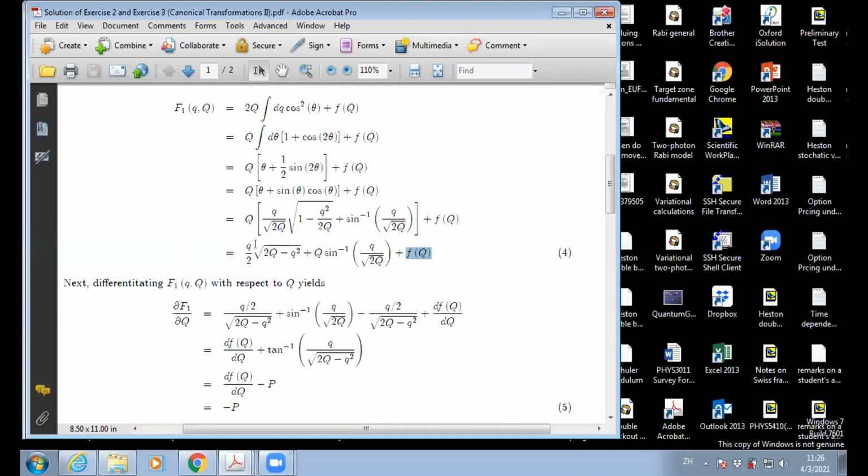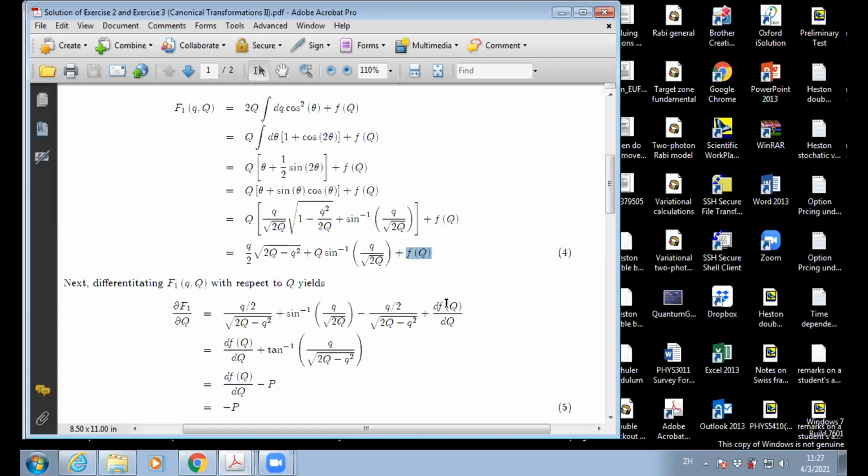So we differentiate the first term with respect to capital Q, and I get this, all right? And differentiating the second term, we get 2 terms. The first term involves the arcsine function. The second term, we get this. We obtain the second term by either looking up the tables of differentiation or by implicit differentiation, all right?